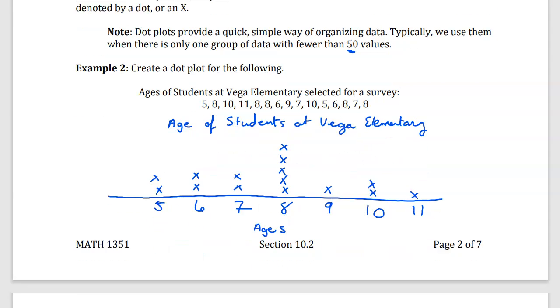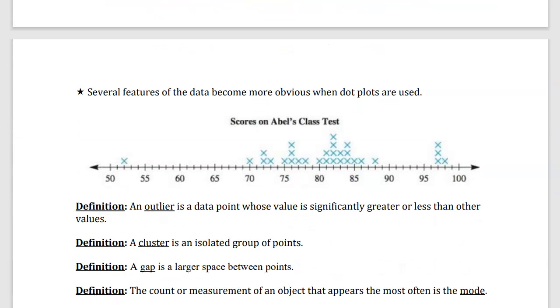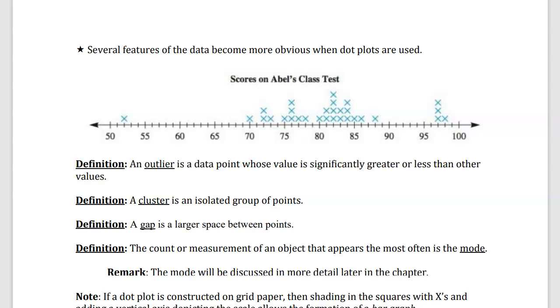Now, if we look at some examples of the dot plots, we can see several features. One of those features, if we look at this one where we have the scores on Abel's class test, so these are the scores on an exam, you'll notice that most of the scores are right here between 70 and 98.